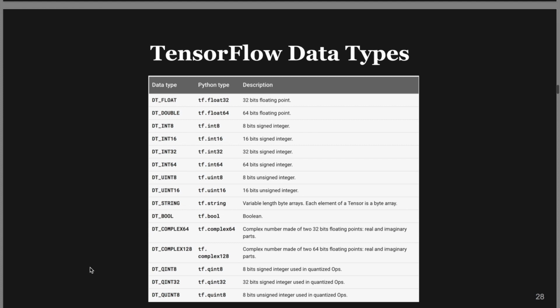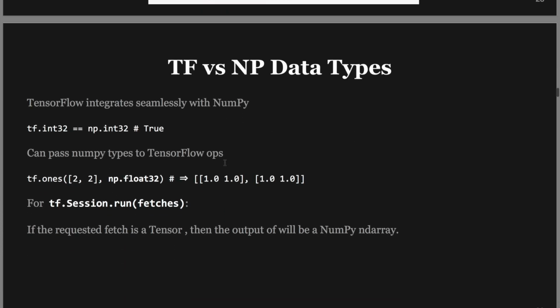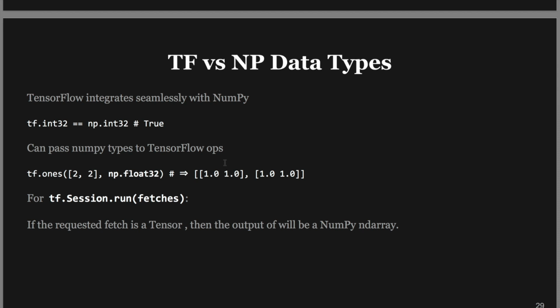Okay, here are the TensorFlow data types: float 32, 64, int 8, 16, 32, 64. All of these we use a lot, so they're out there for you to take a look. Now, in general, TensorFlow plays really well with NumPy.